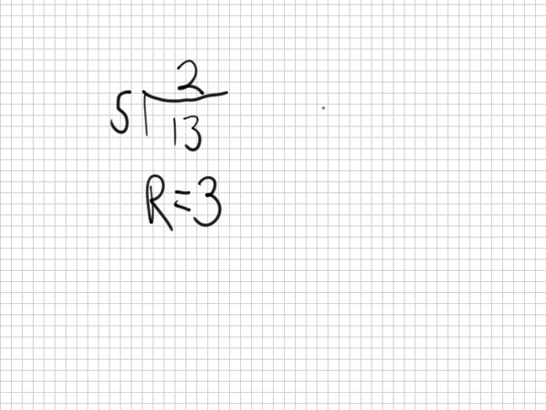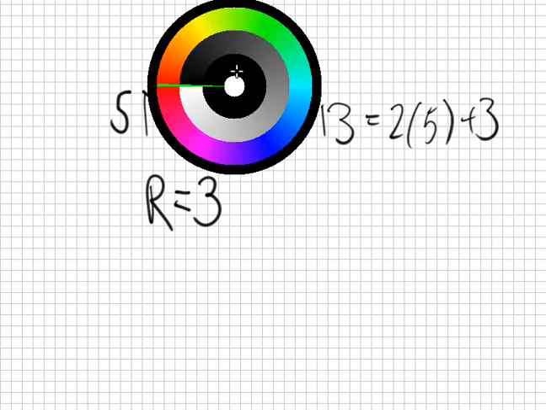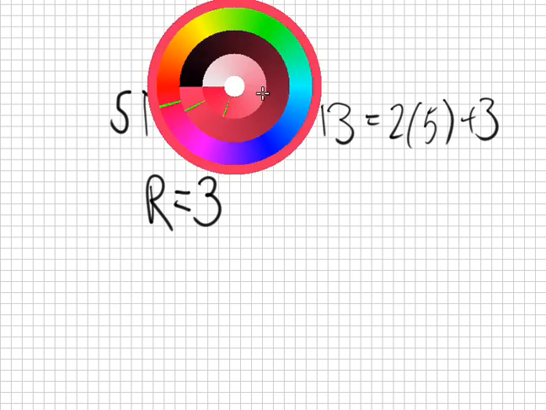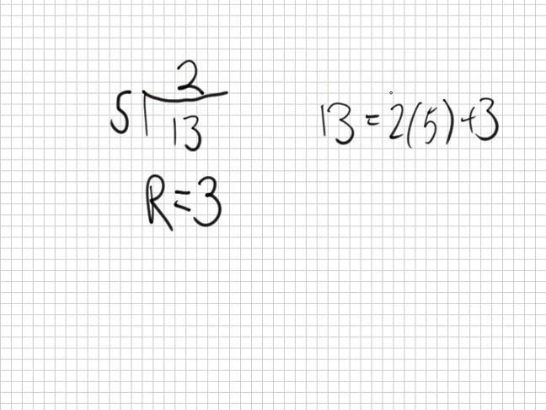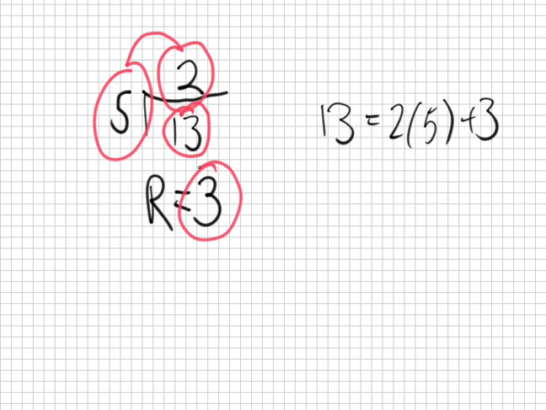It's right to say that 13 equals 2 times 5 plus 3, isn't it? My point is, when I do a long division, it is right for me to say that this here is equal to this multiplied by this plus this.